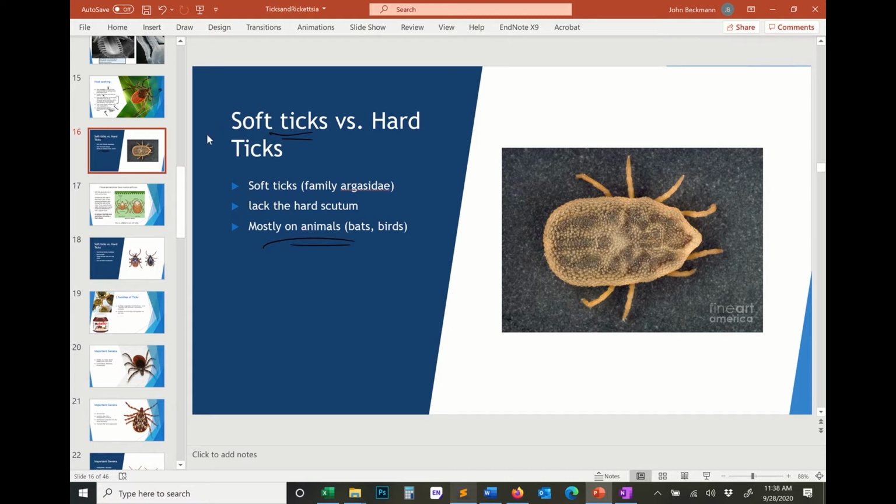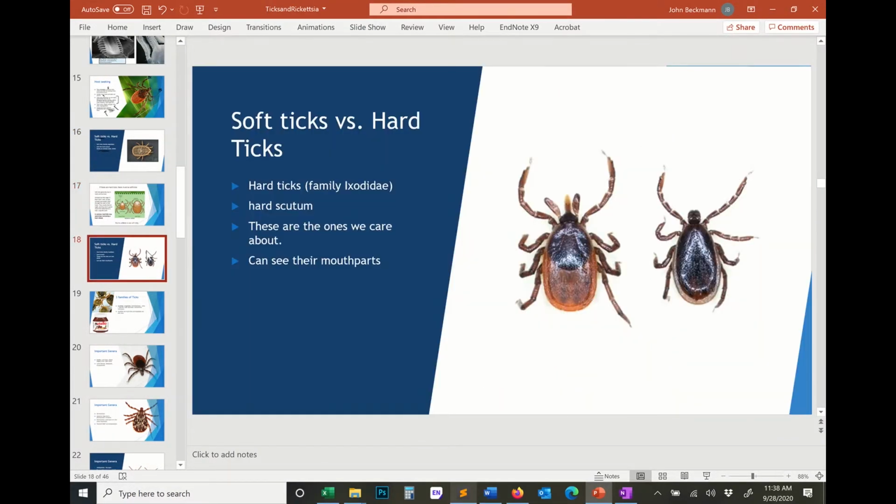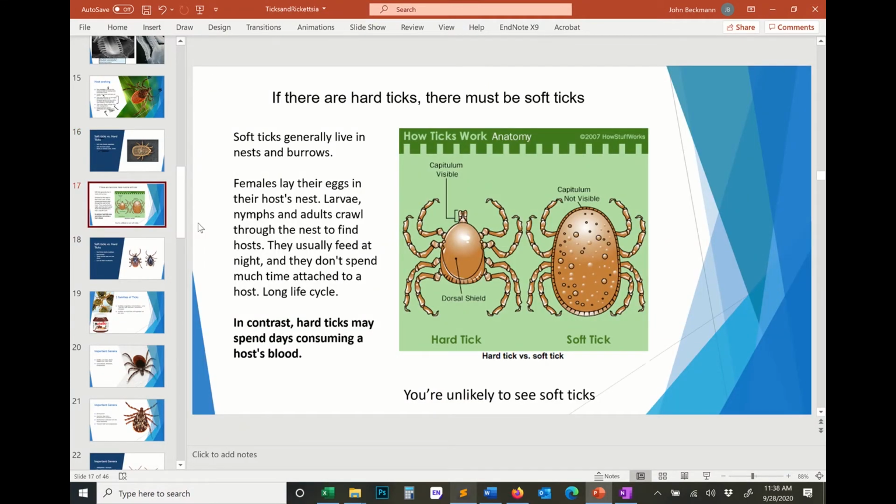They won't stay on the host. In contrast, hard ticks, the ones that spread diseases, will stay on that host for days consuming blood, okay? You're unlikely to see soft ticks just because most of them are, again, on birds, bats, things like that. Most of what we see are the hard ticks.